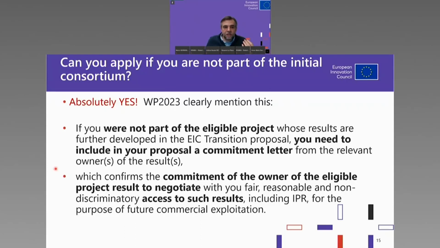And this entity who will submit the transition needs to have some kind of commitment from the owner of the IP, the know-how, the deliverable in the previous project that triggers the submission of the transition. But again, the organization that submits a transition doesn't have to be a partner in the previous project, but it needs to talk to the owner and get acceptance, authorization to submit the transition.